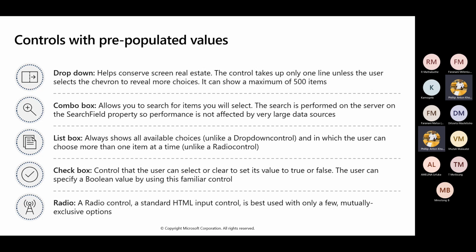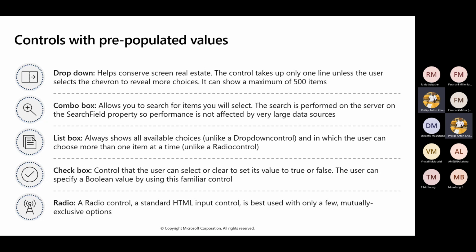We also have a list box which always shows all available choices, unlike a drop-down control, and in which the user can choose more than one item at a time. So this list box is almost similar to a drop down, but then you can choose more than one item.